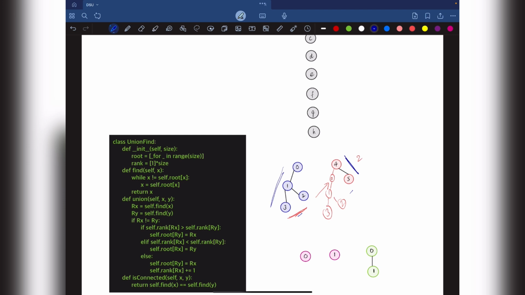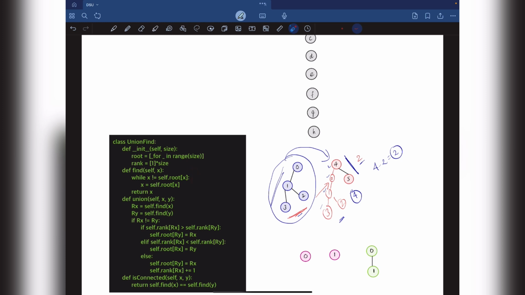What it does is it increases the height of the previous component by how much? 1, 2, 3, 4, a difference of 2, correct? Initially it was 2 and now it is 4. So the difference in height is 2. We see that the height of the new component gets increased when we merge a component with a longer height into a component of a smaller height. And this is troublesome. Why? Because it will affect our find operation.